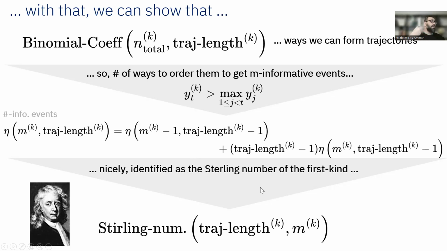This is a number that is widely known and widely used in combinatorics. The idea is that the number of ways I could arrange the trajectory to get m informative events is given by this Stirling number, which is a function of the trajectory length and m, how many informative events you're looking for.